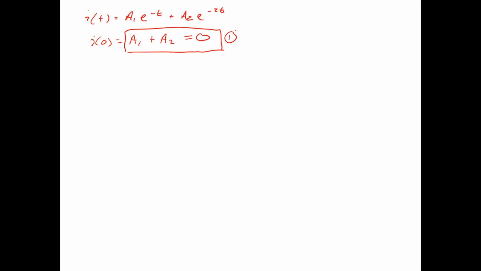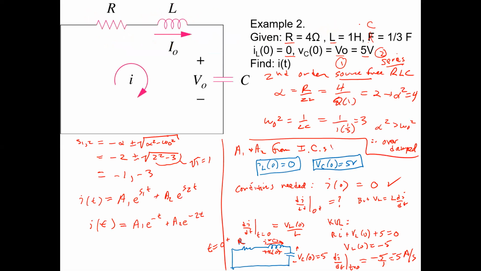And then the other one is di/dt, which equals minus a1 e to the minus t minus 3... Oh, it's 3, not -2, sorry. Did I say it was -2 earlier? I did. Sorry, this has to be -3 here. It's a1 e to the minus t plus a2 e to the minus 3t, not -2t, because the roots are -1 and -3.